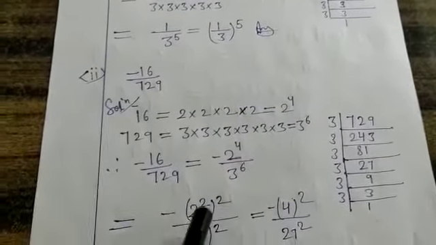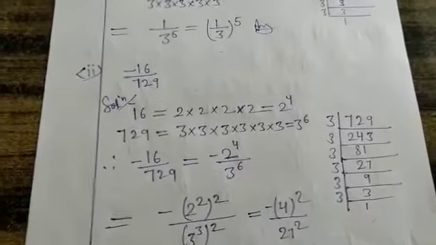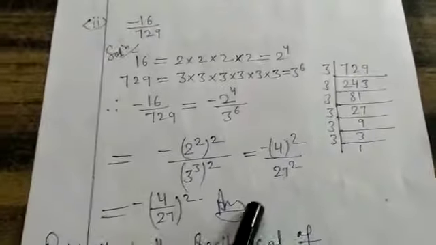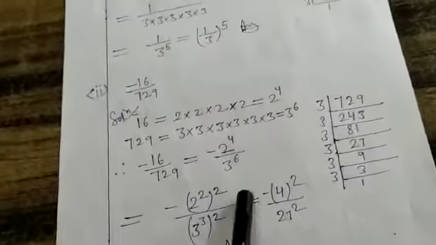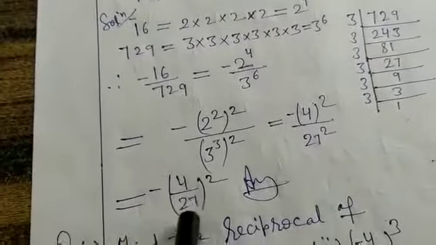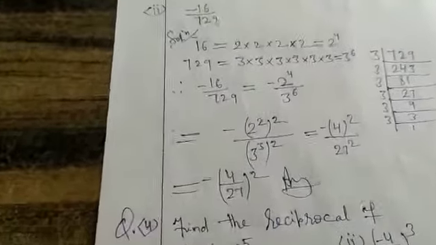Now 2 square can be written as 4, and 3 cube can be written as 27, because 3 3s are 9, 9 3s are 27. So 4 square by 27 square, and it can be written as minus 4 by 27 whole square. So this is your answer.